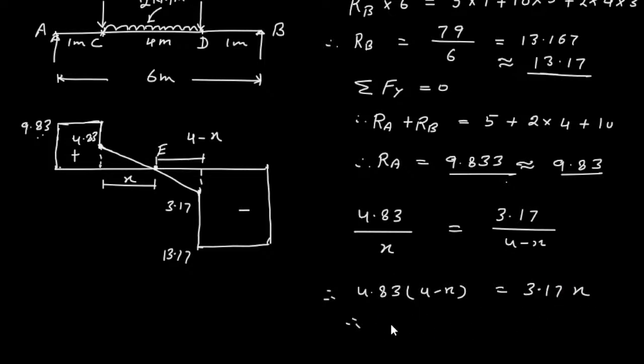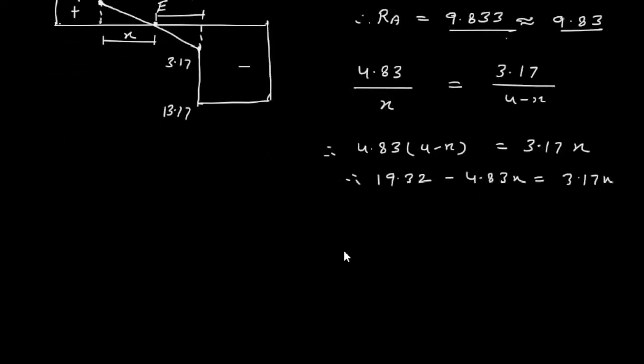We open the bracket, so we will get 4.83 times 4, which is 19.32, minus 4.83x, equal to 3.17x. This minus 4.83x will go to the right. So I have 19.32 equals 8 times x.